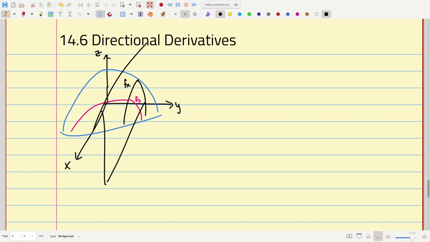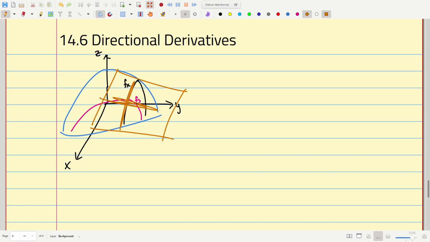I'm not an artist, I apologize. But we have these cutting planes, right? We did this example in class, with a 3D picture drawer that's much better at doing this than me. Anyway, we talked about how ultimately what this did was allowed us to talk about the tangent plane to this surface, and we got a lot of nice things.